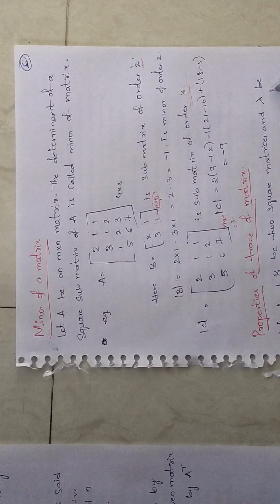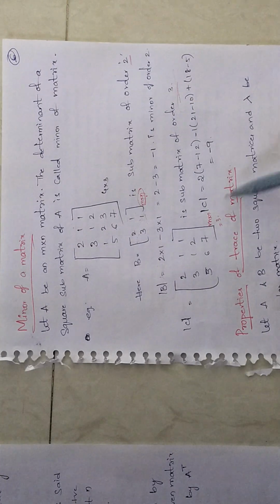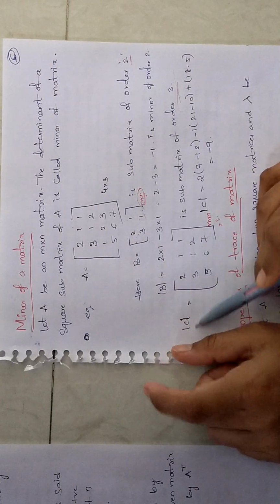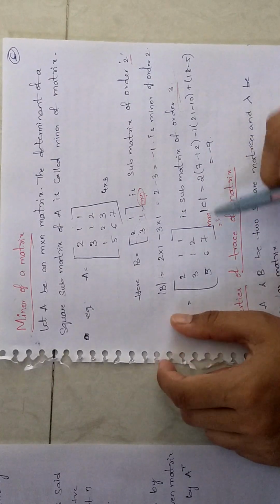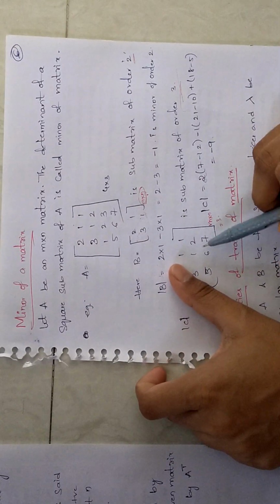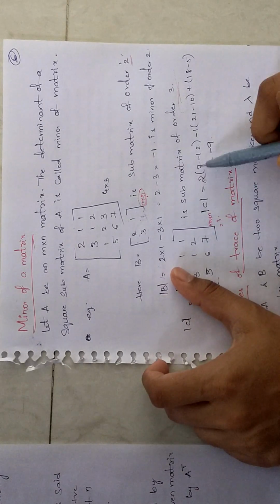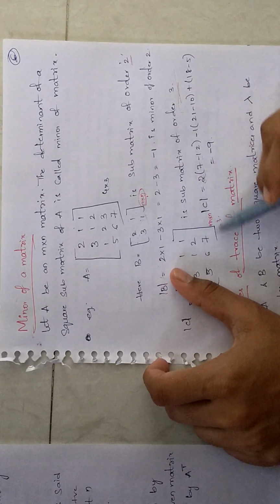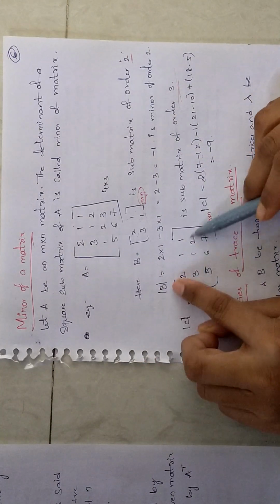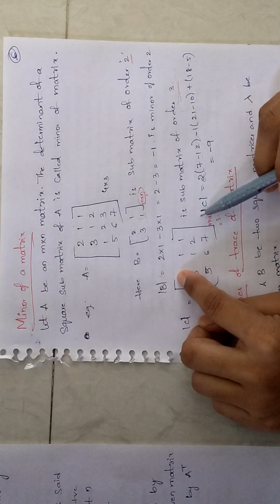Then what about order 3? For this, hold this value. I am explaining the det again. Take 2, it should be multiplied into 1 into 7 is 7, minus 6 2s are 12. Okay, we have completed the minor for this value.